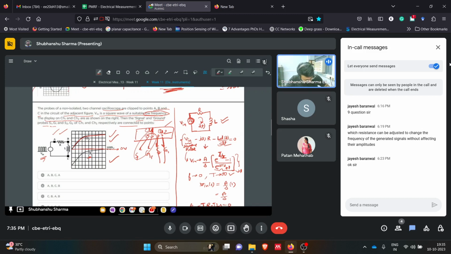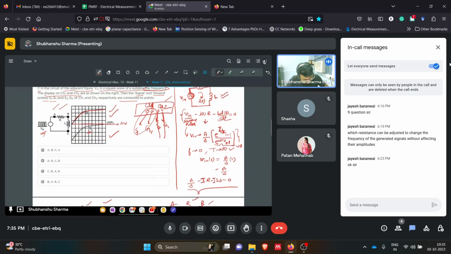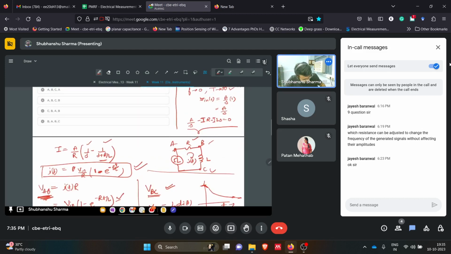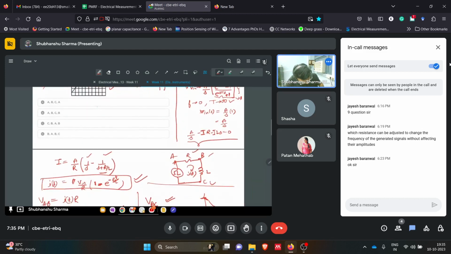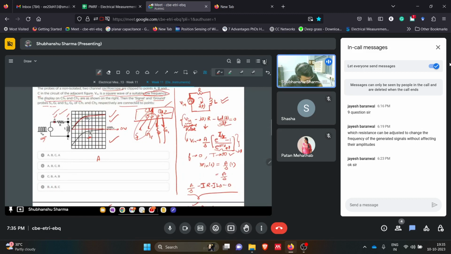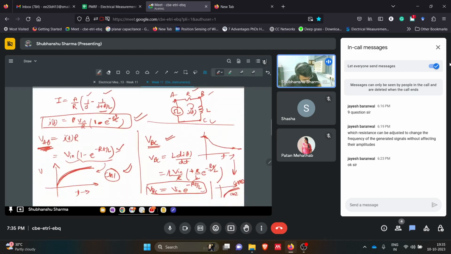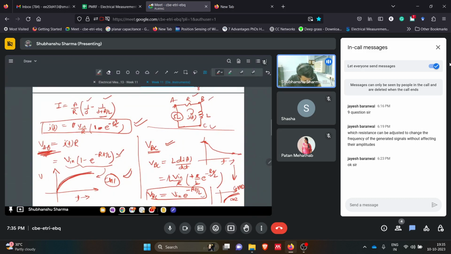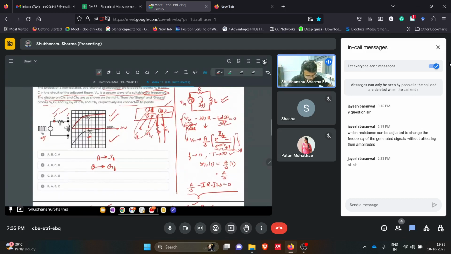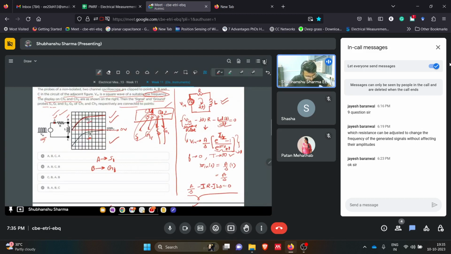That means the VAB voltage which we have calculated, for that the probes are: A, this point, is the signal S1, and B is the ground G1. Because we calculated VAB and we are getting the same signal at the oscilloscope. So that means A is at S1 and B is at ground. Simply we have connected this, and that is what we are getting at the oscilloscope output, channel 1.